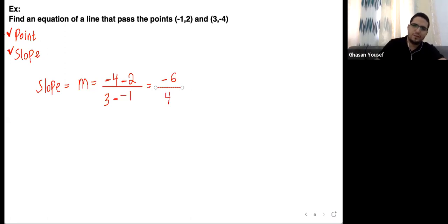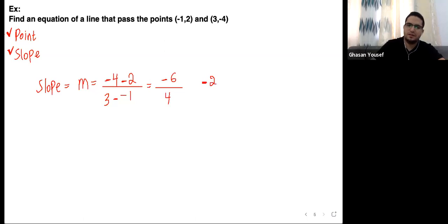What does -6 over 4 simplify to? How can we simplify? Yes, exactly. It's -3 over 2. This is correct. Divide the numerator and the denominator by 2.